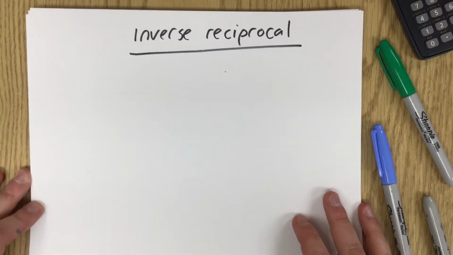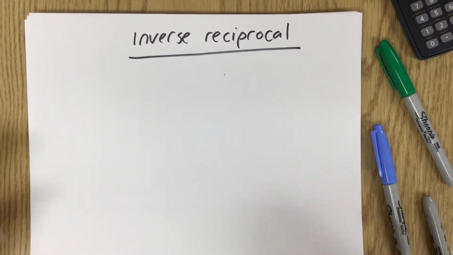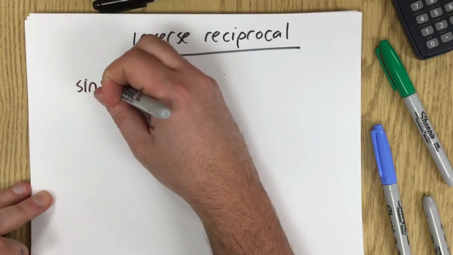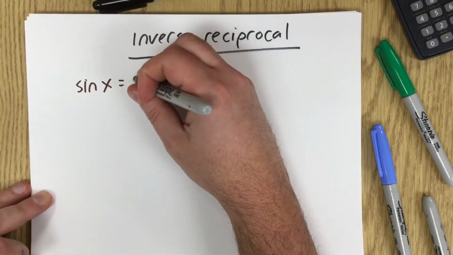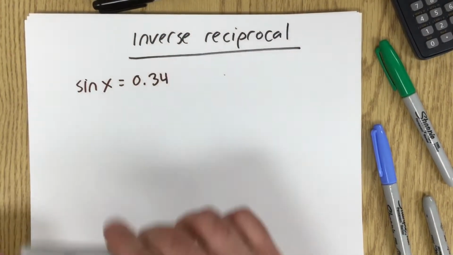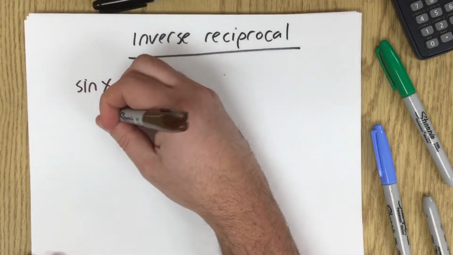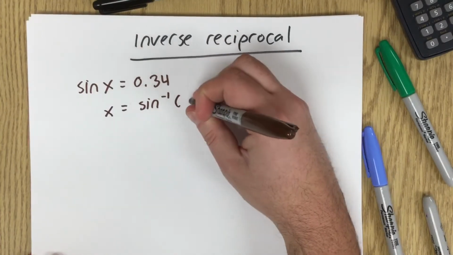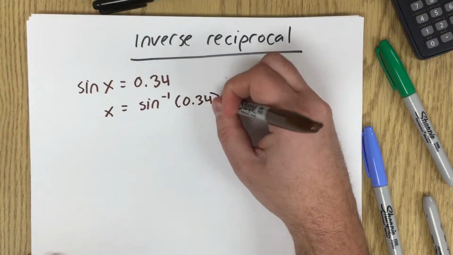Now, sometimes we're going to use an inverse function. As a reminder from your review, if we have sine of x equals 0.34 and the question is solve for x, then x is the inverse sine of 0.34.